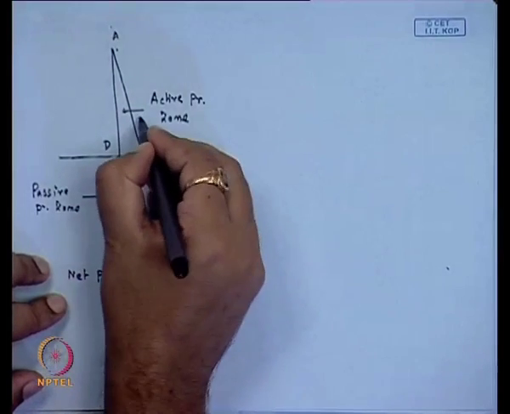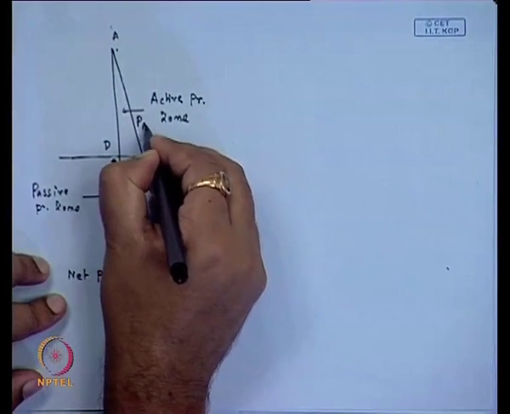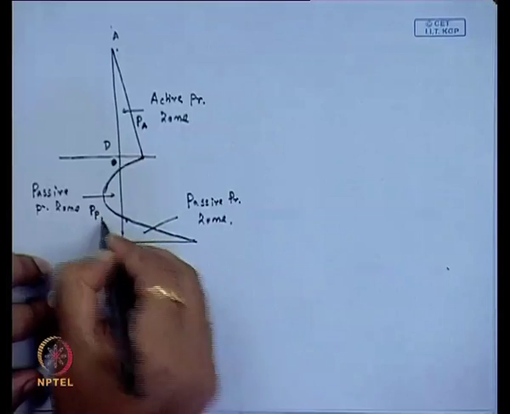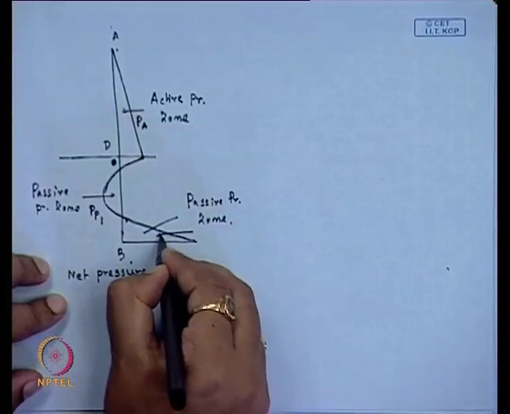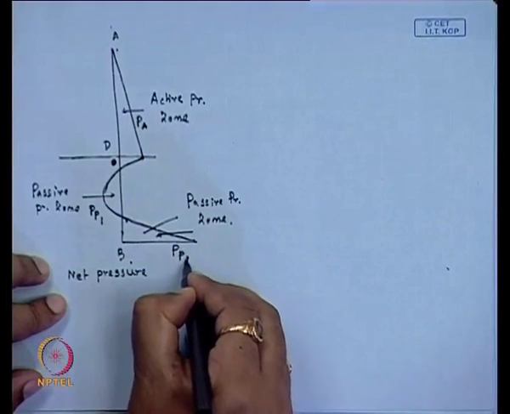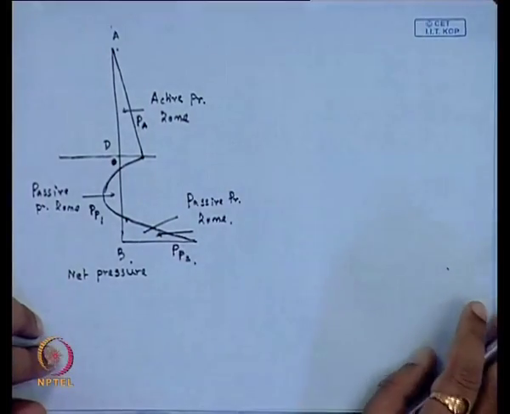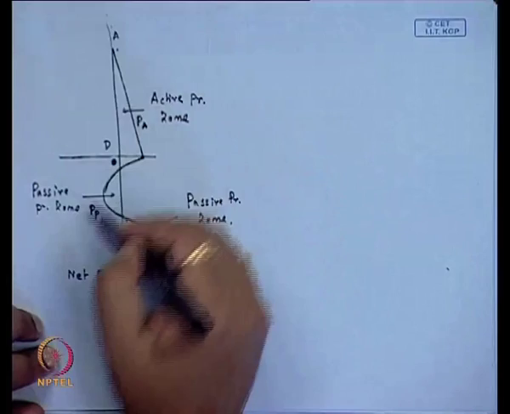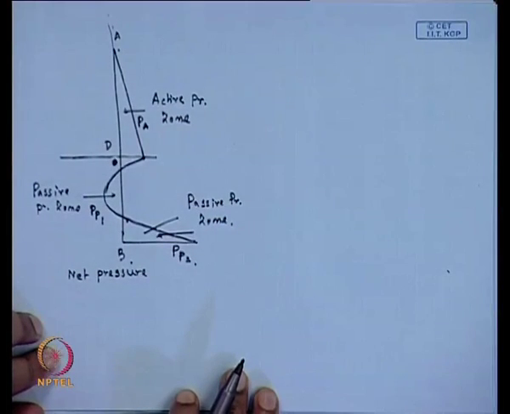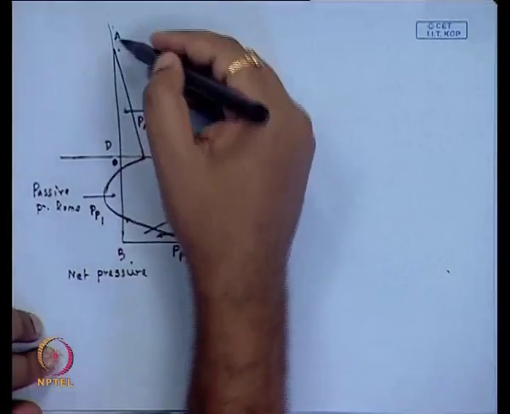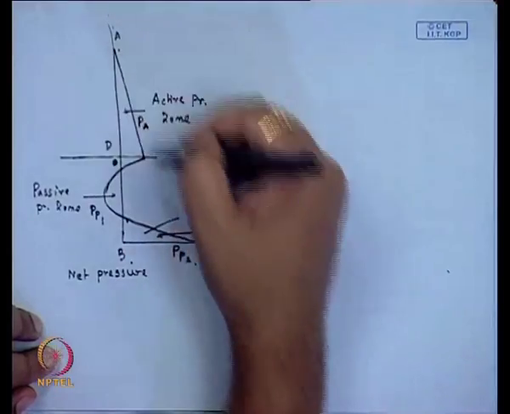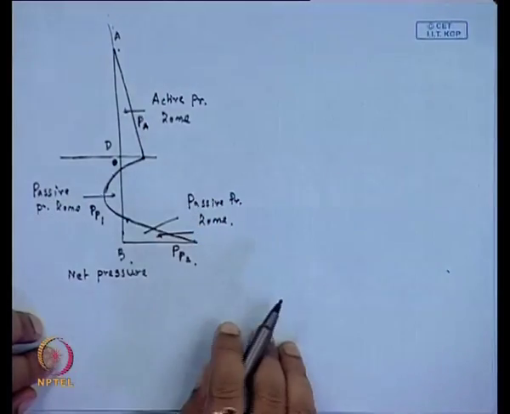So that means these forces will act: P A, P P 1, and then another force P P 2. Now, during the analysis, this is the actual net pressure diagram in the cantilever sheet pile wall. If we consider this type of pressure diagram, it is slightly complicated.